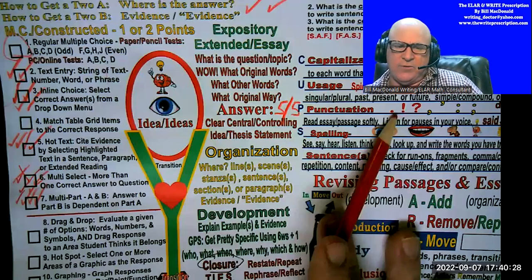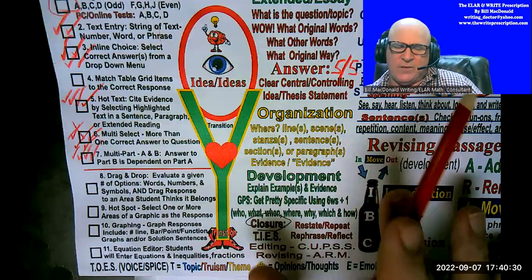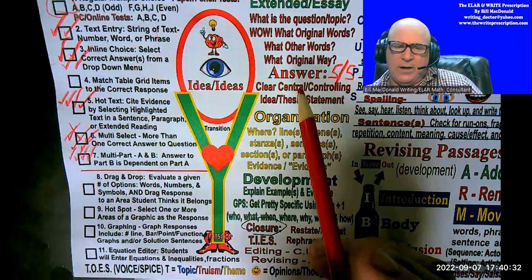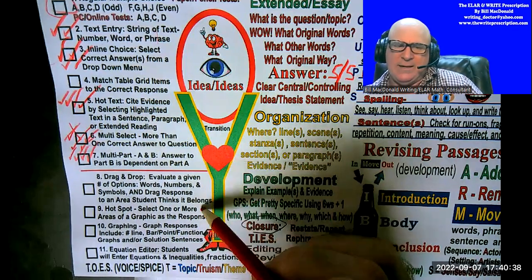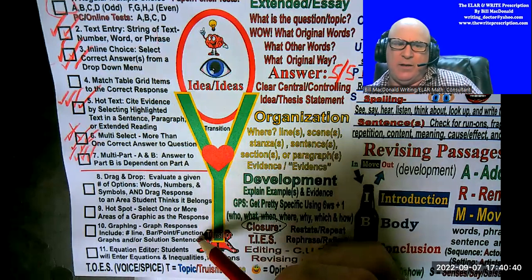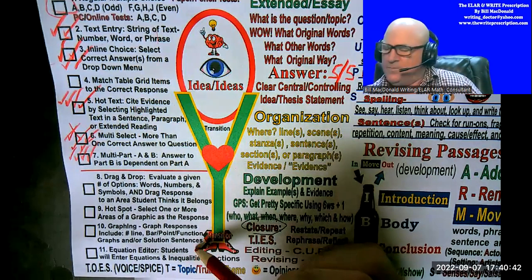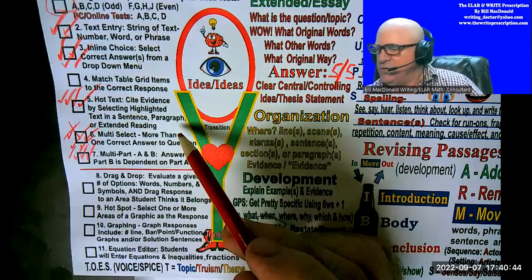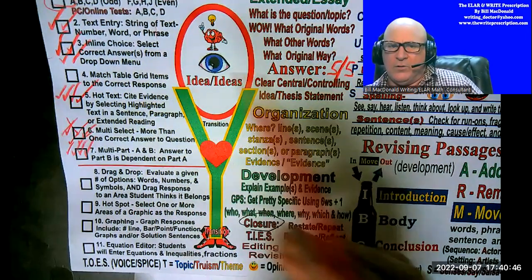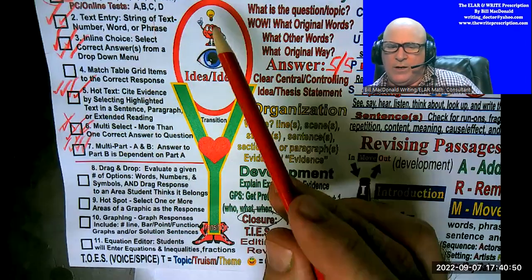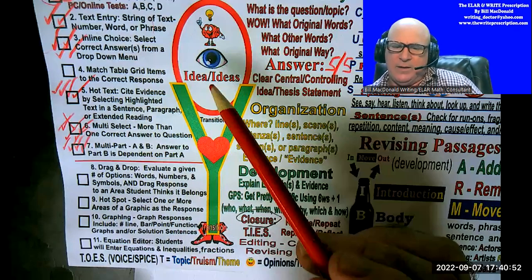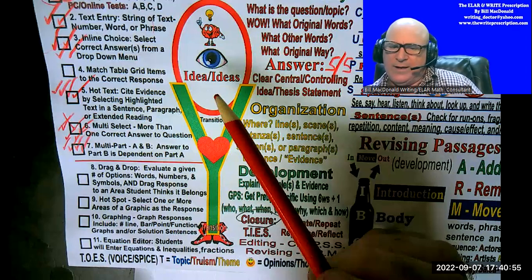Just for your knowledge, for those of you who are seeing this for the first time, if it's below this red line, these kinds of questions can be used for science, social studies, and math, but anything above the line can be in all of the subjects. Okay, and again, you see a little stick man, red 1, yellow 2, green 3, and then how do I do the editing and revising?